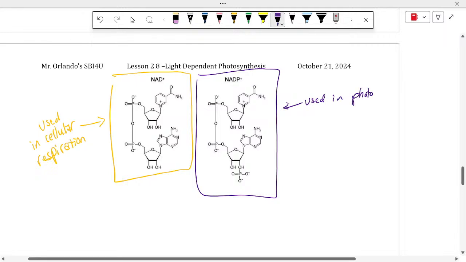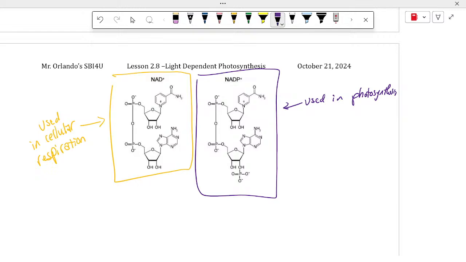What's the difference between the two? The only difference is that this one has this phosphate group at the bottom, which is why we call it NADP. The truth is that the D actually refers to diphosphate, and then here there's yet another phosphate group, but that's okay.